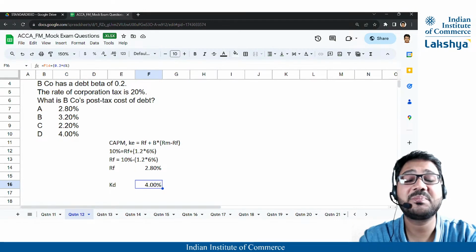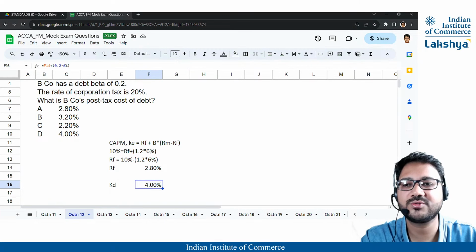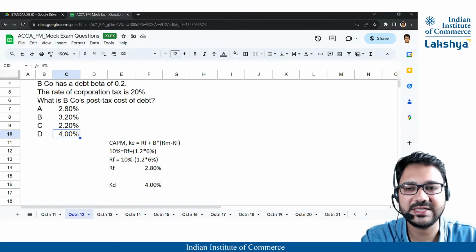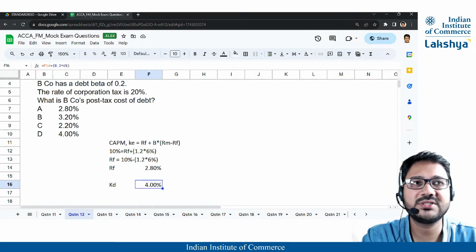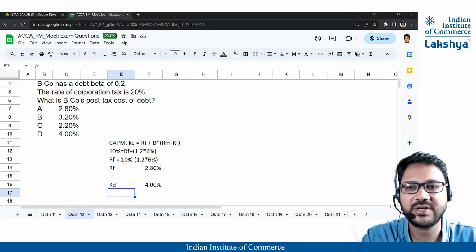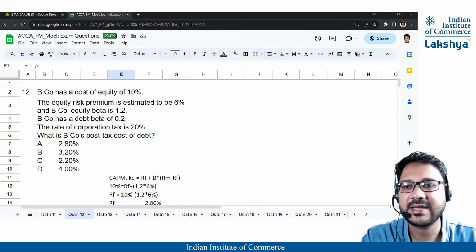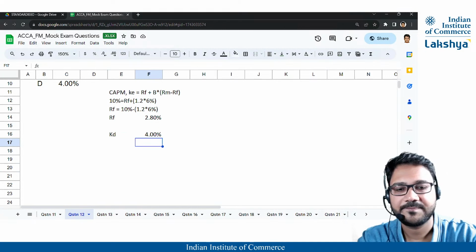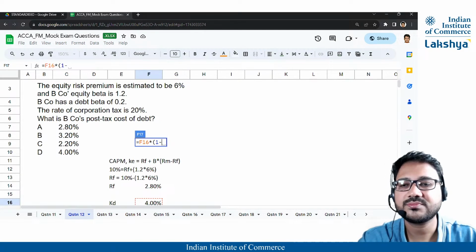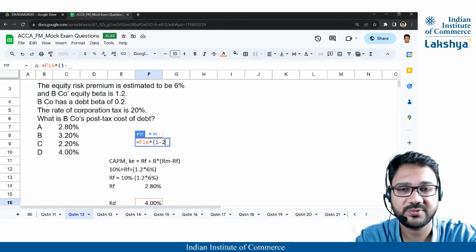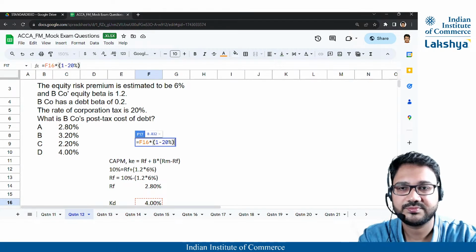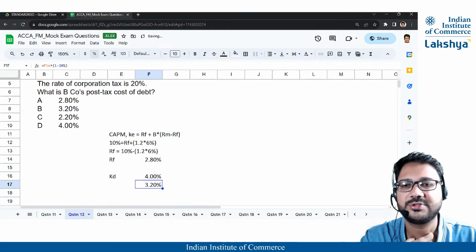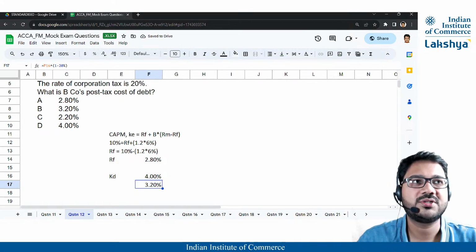However, this is the pre-tax cost of debt. A lot of students would just end up over here and mark this as the answer. However, they have asked us for the post-tax cost of debt, which means 4% is the pre-tax cost of debt and now we need to put in tax. Corporate tax is 20%, so it is equal to this into the tax shield, 1 minus tax, that is 20%. As a percentage, that is 3.2%.